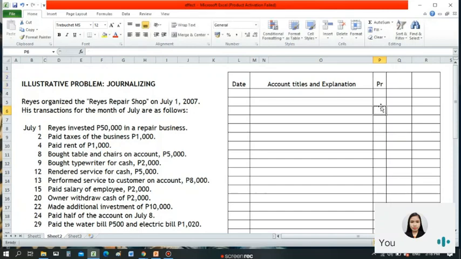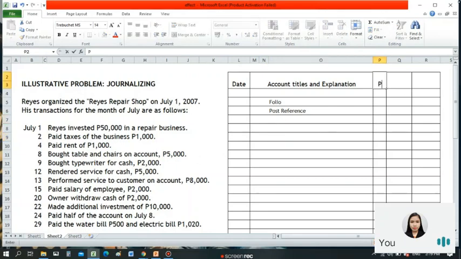Sometimes they write it as F, meaning folio. So folio, how do you spell it? F-O-L-I-O. The PR is what we call post reference. You can use either one, but for us I will require the PR, or post reference. That is the meaning of what is written here.